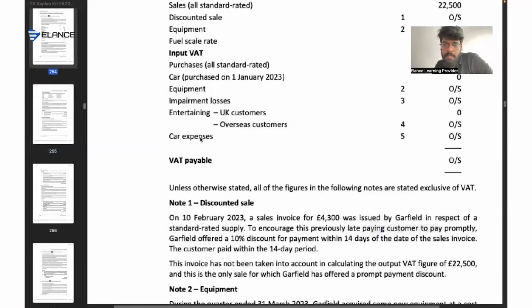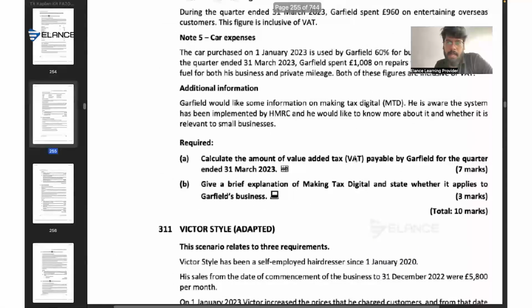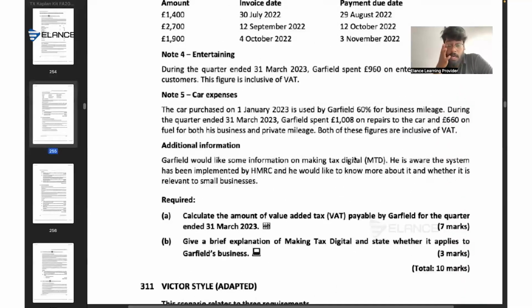And we have some car expenses. Look at the last note, car expenses. In the 5th note, the car purchased on 1st January 2023 is used by Garfield 60% for business miles. During the quarter ended 31st March 23, Garfield spent 1,008 on repairs to the car.